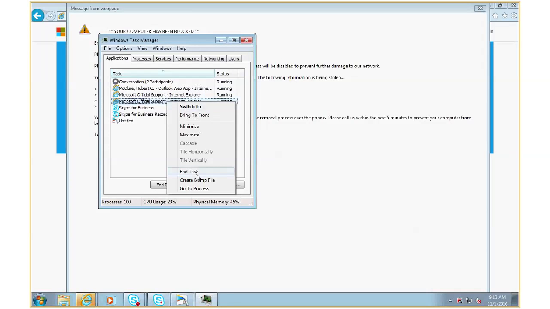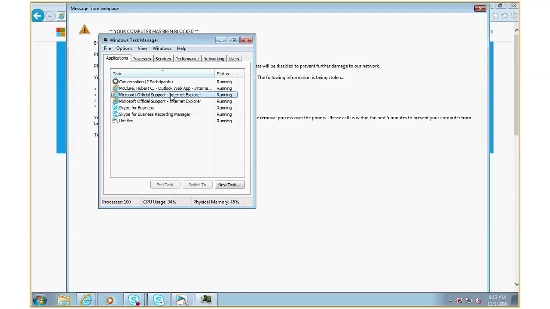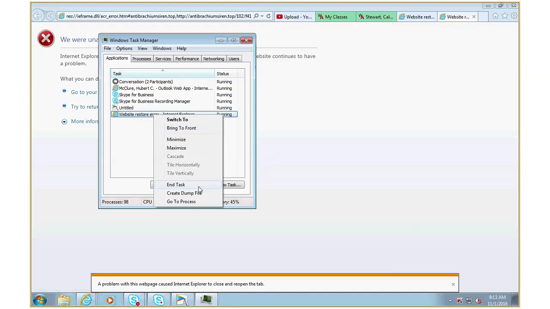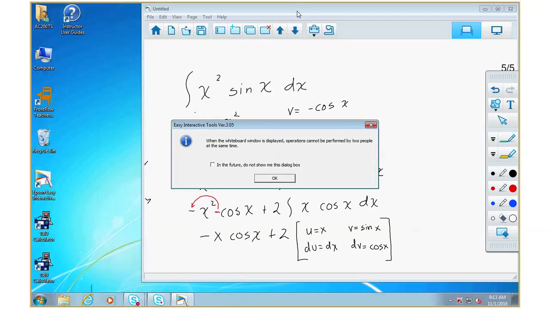Shut the computer off. Yeah, see, it just keeps reopening. There's a batch file just running. You have to shut the computer off. I don't want to do that. Oh, there it went. Okay, thank you.